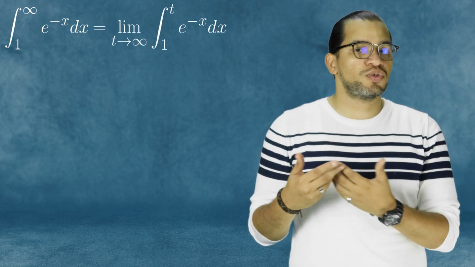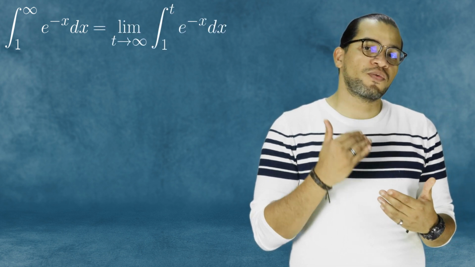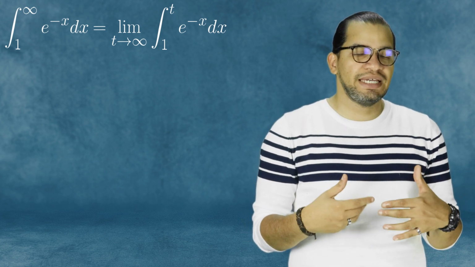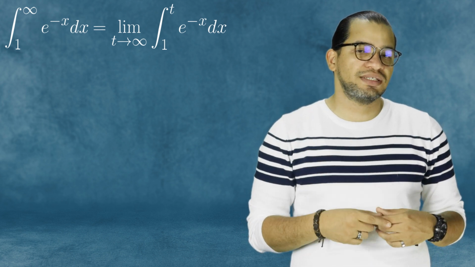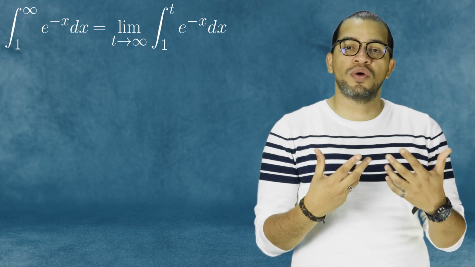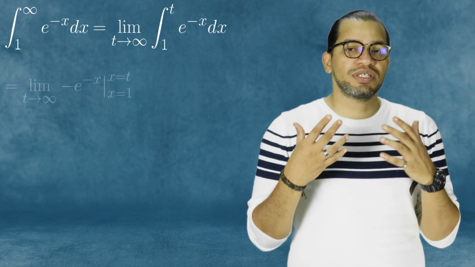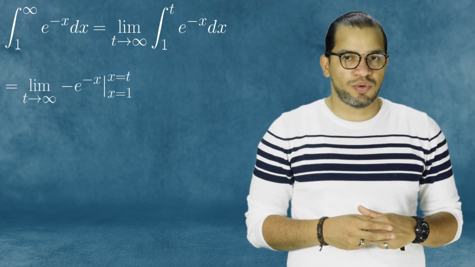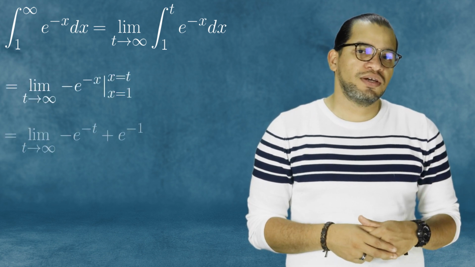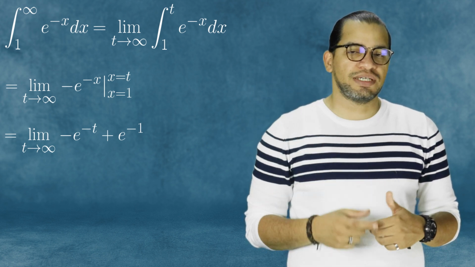And as well, we need to take the limit when t goes to infinity of the integral from 1 to t of e to the minus x dx. We solve the integral and we get as a result minus e to the minus x, which we need to evaluate from 1 to t.